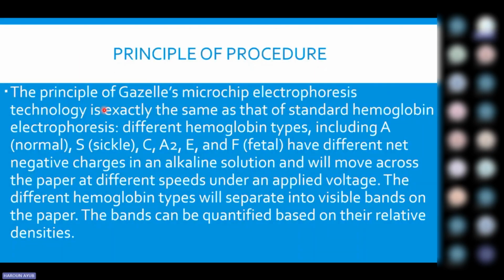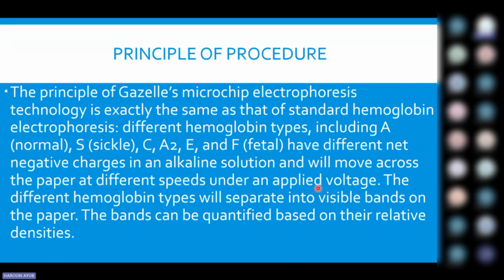So the microchip electrophoresis process, the standard is exactly as the gold standard electrophoresis that is used. It will differentiate depending on the negative charges in an alkaline solution, and they'll move across the paper at different speeds after a voltage is applied.